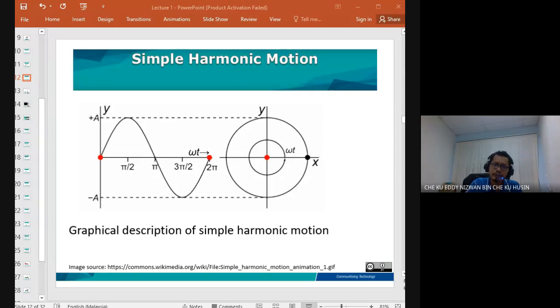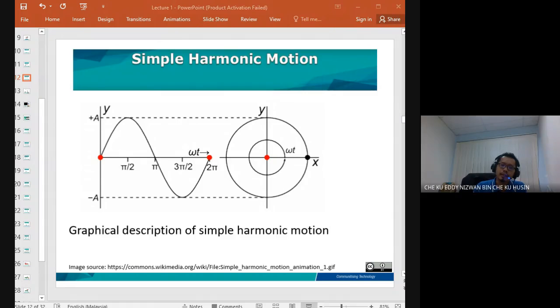Higher speed, higher intensity for the acceleration. The difference from x is a negative sign. Negative means it is 180 degrees out of phase, or pi radians out of phase, so it always moves in the opposite direction of the displacement. If the displacement moves upward, the acceleration goes in the opposite direction, downward.